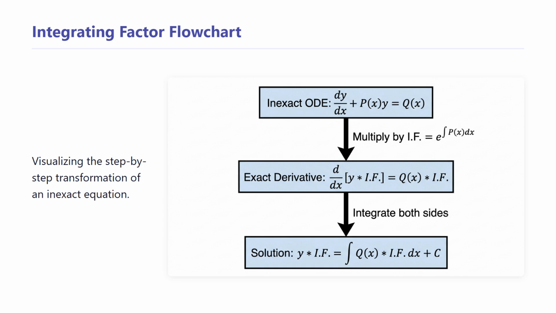This forces the equation into the middle box, where the left side has collapsed into a simple exact derivative using the product rule. Finally, the last arrow shows us integrating both sides to arrive at the bottom box, which is our final general solution. This diagram represents the fundamental path we take to solve problems involving continuous change.